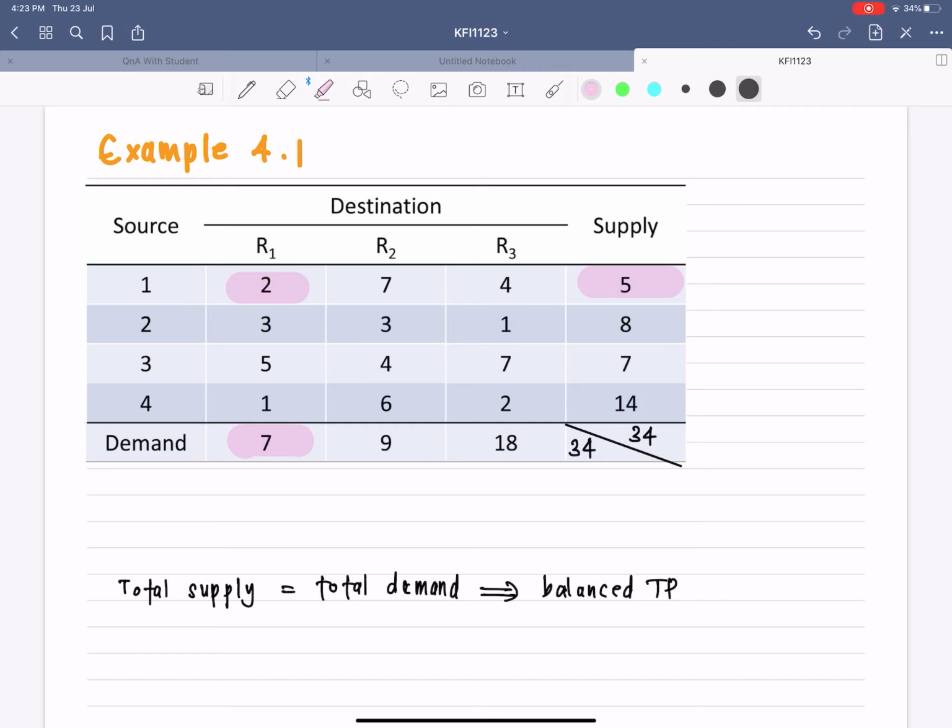We have 5 is less than 7, therefore we will consider 5.